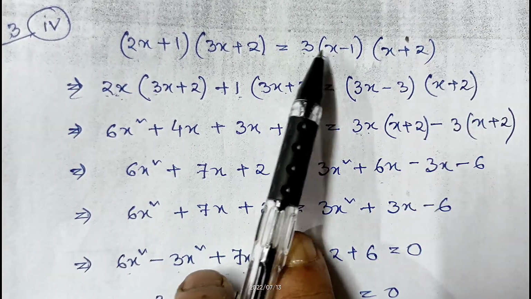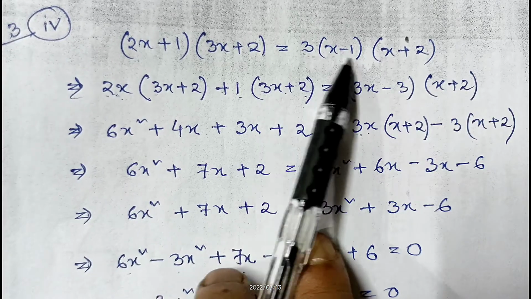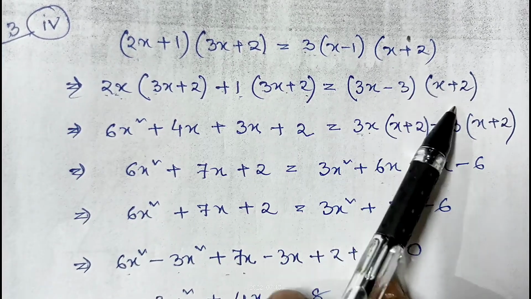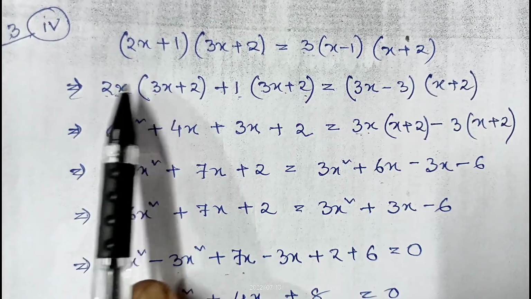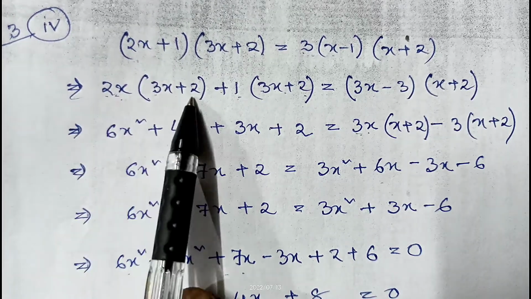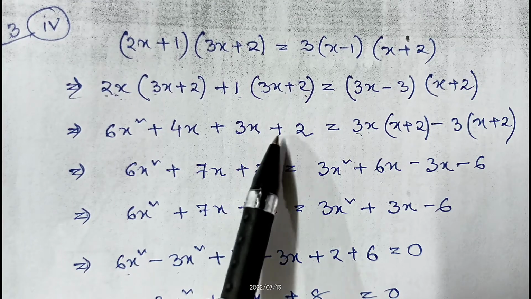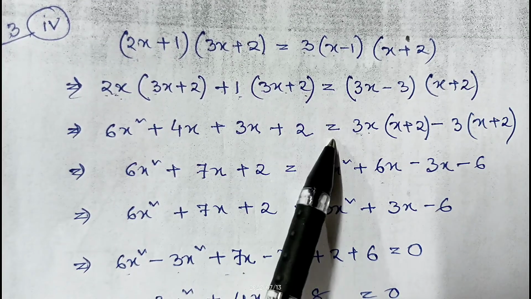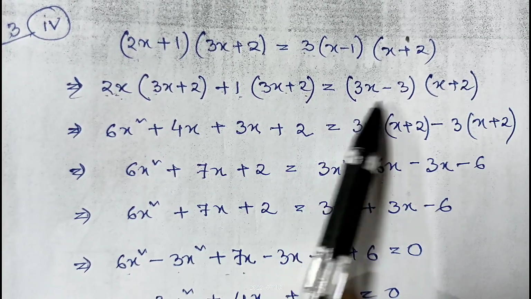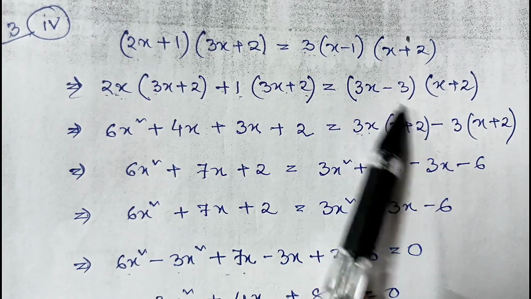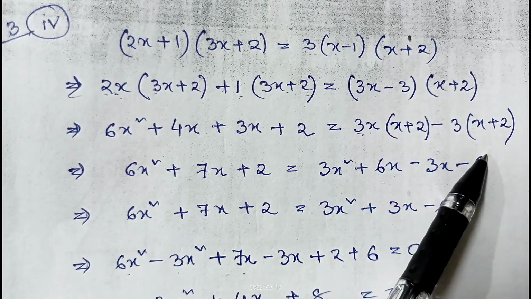So we are multiplying 3 into x, 3x, 3 into minus 1, it will be minus 3 into x plus 2. So it will be 3 into 2, 6x square, 2 into 2, 4x, plus 3x into 1, 3x, plus 2 into 1, 2 equals to 3x into x plus 2 minus 3 into x plus 2.